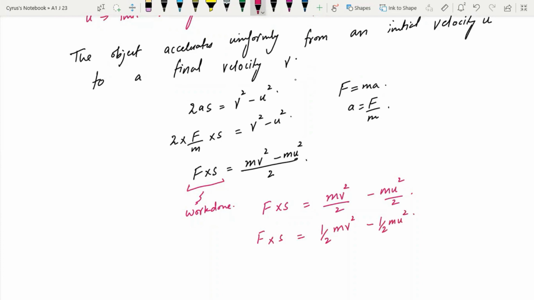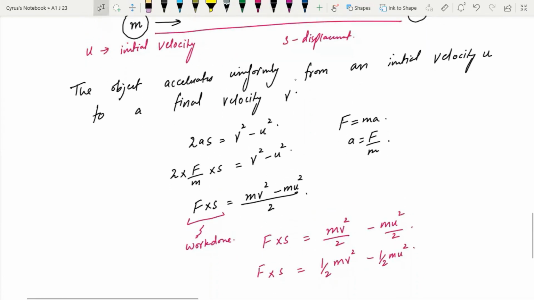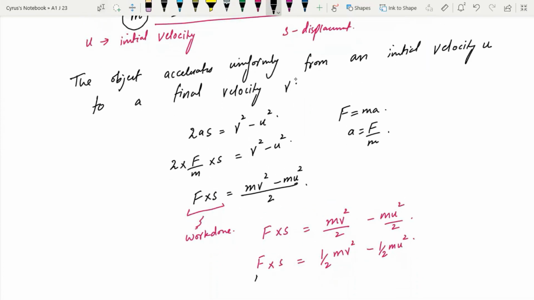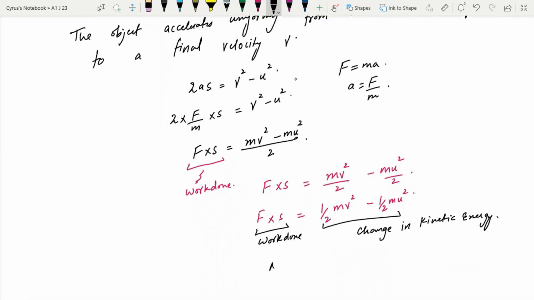So you should know that the work done is equal to change in kinetic energy. Delta W is equal to delta EK.